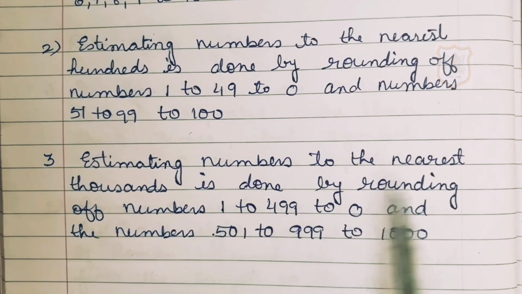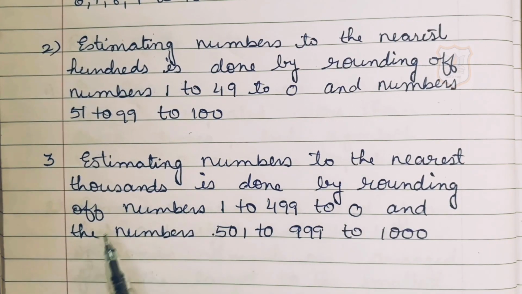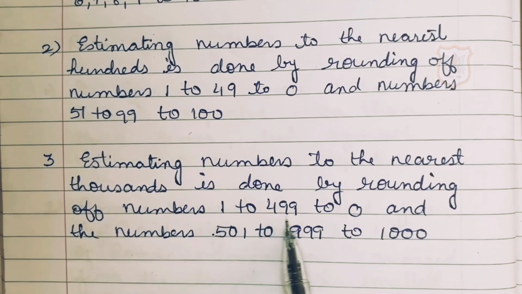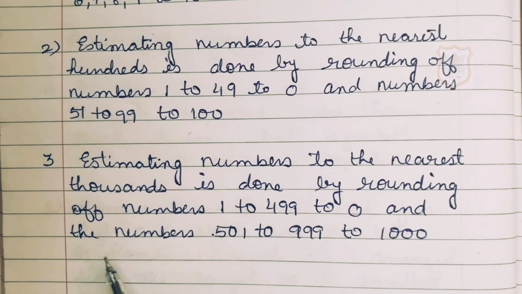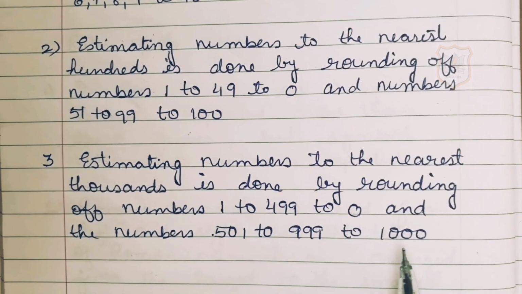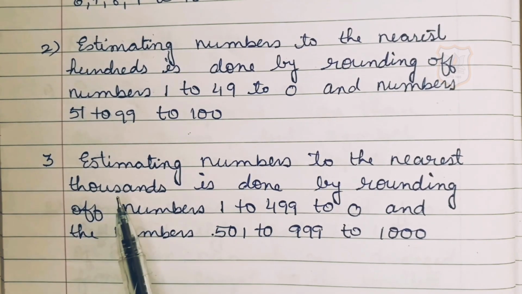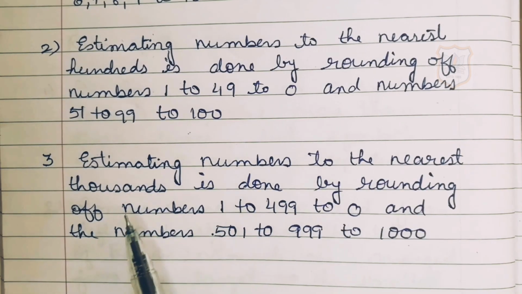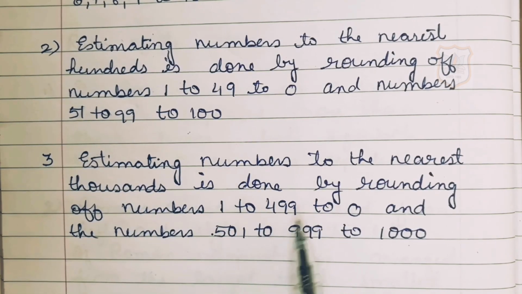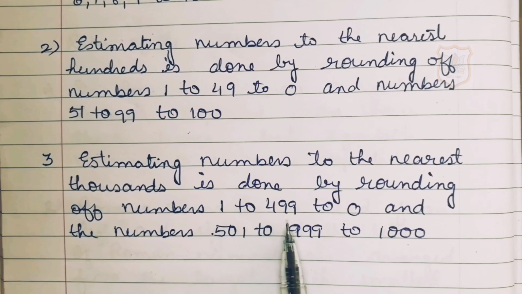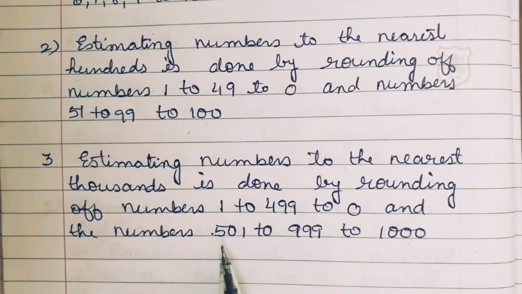Estimating numbers to the nearest thousand is done by rounding off numbers 1 to 499 to 0 and the numbers 501 to 999 to 1000. So students, if we have to estimate the numbers to the nearest thousand, then we have to round off the numbers 1 to 499 to 0 and the numbers 501 to 999 to 1000.